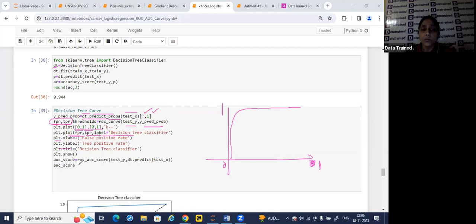If I want to check the score, ROC AUC score, here: test Y, dt.predict test X. We can pass the actual value and the predicted value.